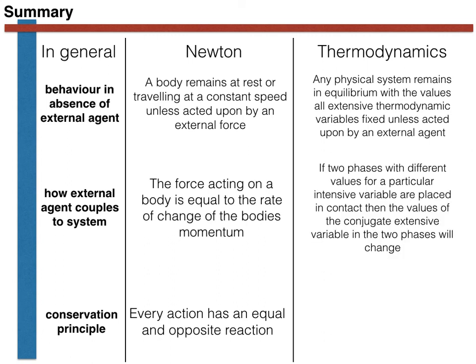We state that if two phases with different values for one of the intensive thermodynamic variables are placed in contact, then the values of the conjugate extensive thermodynamic variables in the two phases will change. So for example, if two phases with different pressures are placed in contact, the volume of the lower pressure phase will decrease while the volume of the higher pressure phase will increase. This process will continue until the pressures in the two phases are equal.